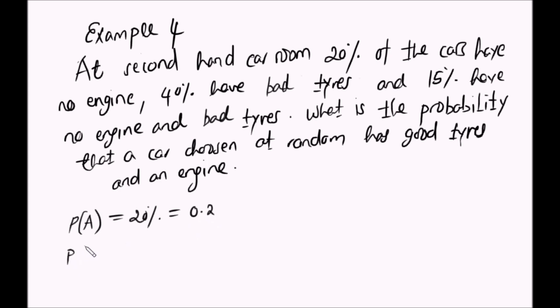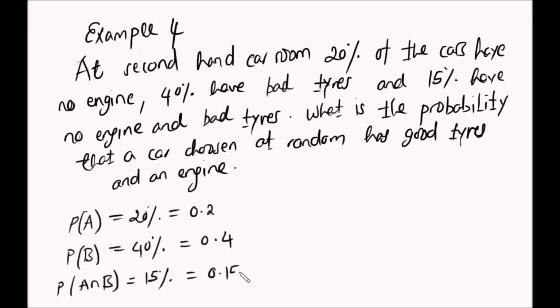The probability that a car at second-hand car room has bad tires manake ni 40%, ambao ki convert into decimal ni 0.4. The probability that a car has no engine and bad tires ni 15%, ambao ki convert into decimal ni 0.15.